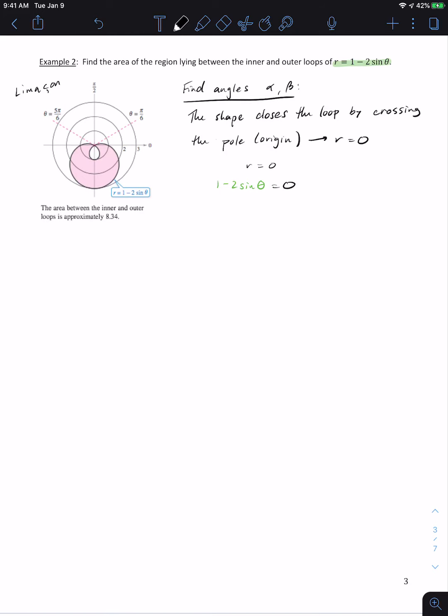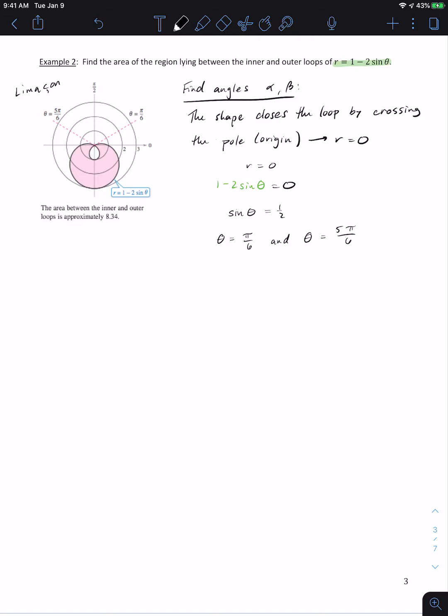So I end up getting sine of theta equals 1/2, which means when is sine of theta equal to 1/2? Well, that happens at pi over 6 and at 5 pi over 6, because remember, sine is y values, and that's where that happens on the unit circle. So that's where I start and finish.